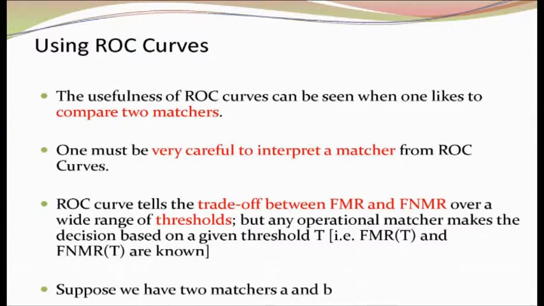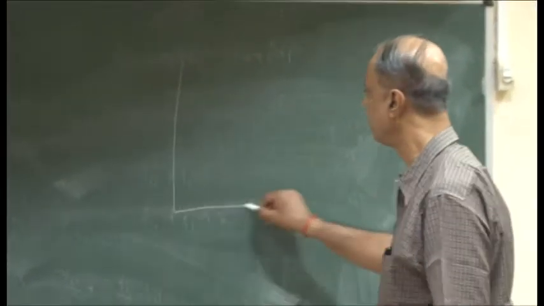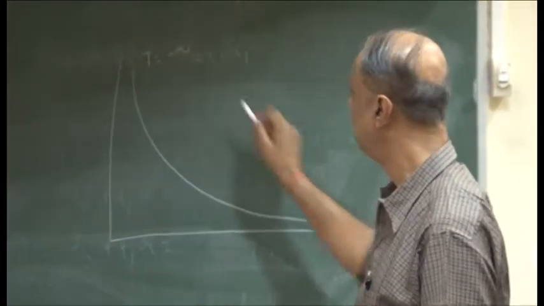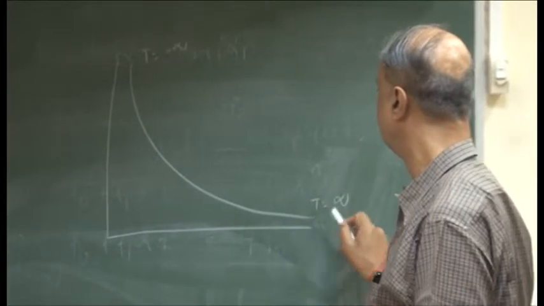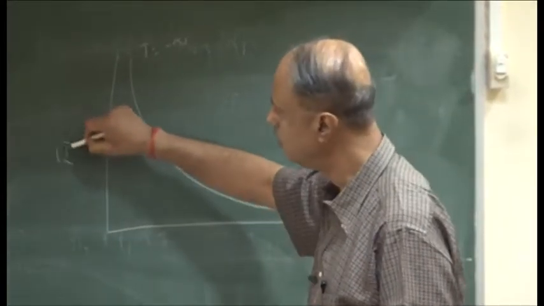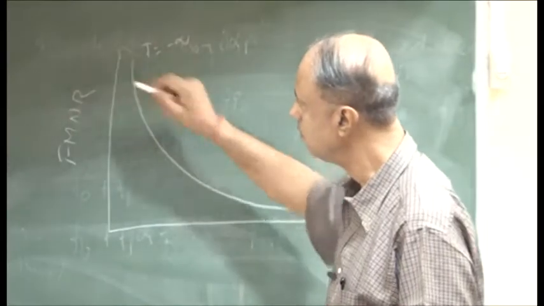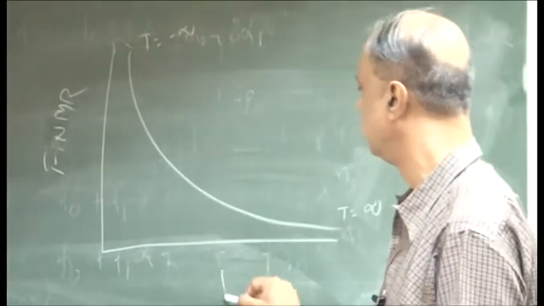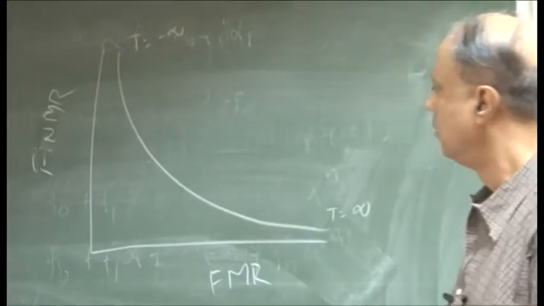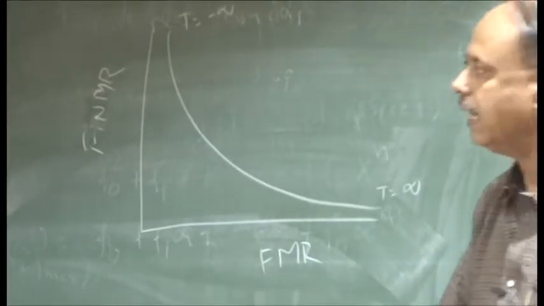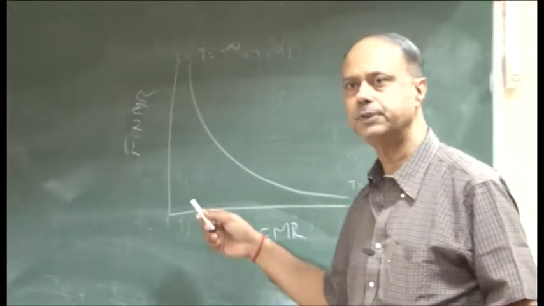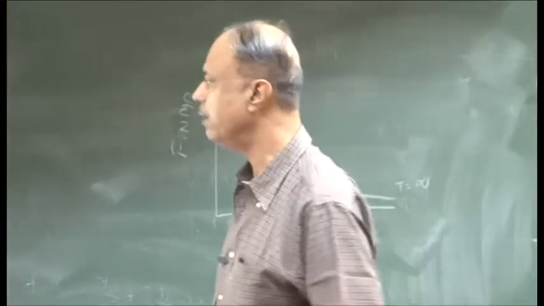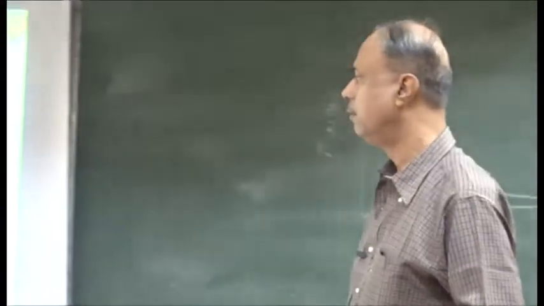As I told you, one is increasing while the other decreases, the graph is like this, and this ROC curve tells you that it is a trade-off relationship between FMR and FNMR over a wide range of thresholds.